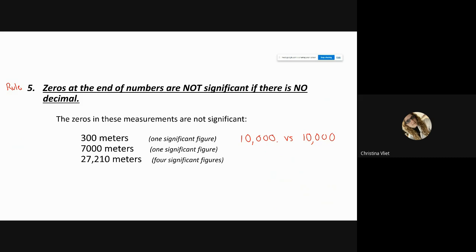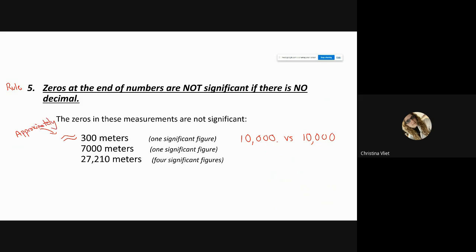In this class, it is assumed that if there is no decimal and the number ends in zeros, you have this. Does anybody know what that is? Approximately. So this little sign here in math means approximately. We actually don't use it in science.